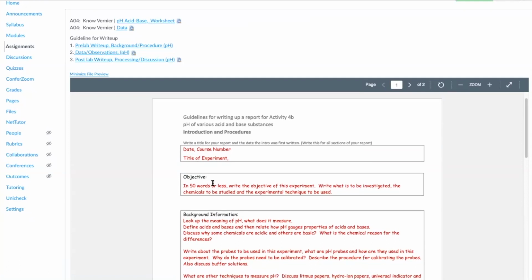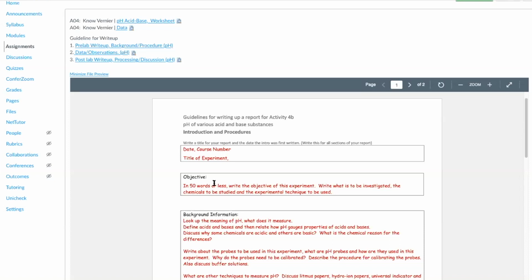The objective of this experiment is very similar to what we had in part A of this activity. It's going to be generic, right? About 50 words or less. What the objective of this experiment is based on the reading of this procedure. What is to be investigated, chemical reactions, if there are any, or the chemicals.